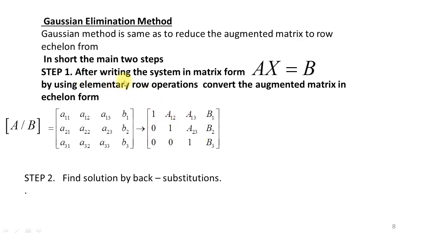So at the first stage, write the system in equation form, take the augmented matrix and then convert the augmented matrix to row echelon form. This is the augmented matrix and this is the row echelon form of the augmented matrix. And at the second step, use back substitution, find the solution from this echelon form.